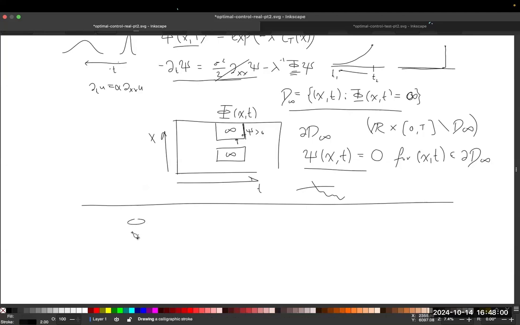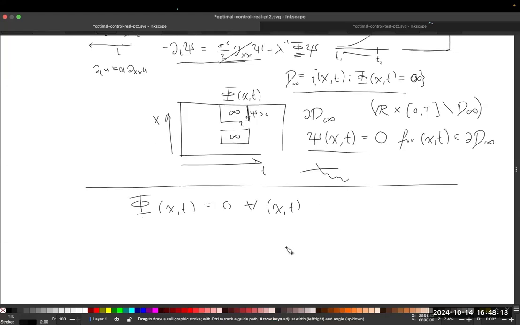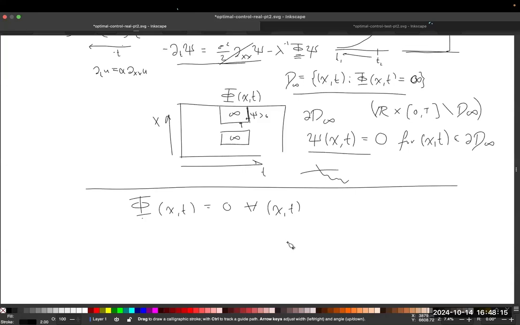So phi is going to equal 0 for all (x, t) in our domain. I want to use this method of the Cole-Hopf transform that we just used to transform our PDE to try to reproduce the results that we got last week, just so we can do a sanity check that this does work.